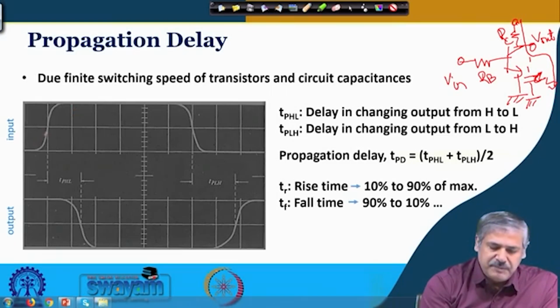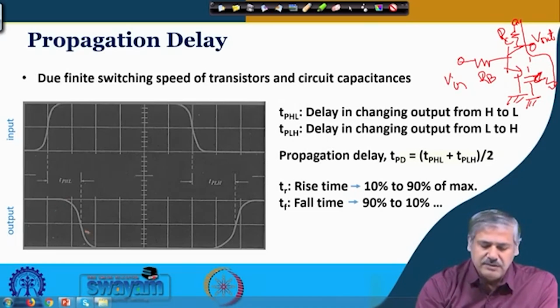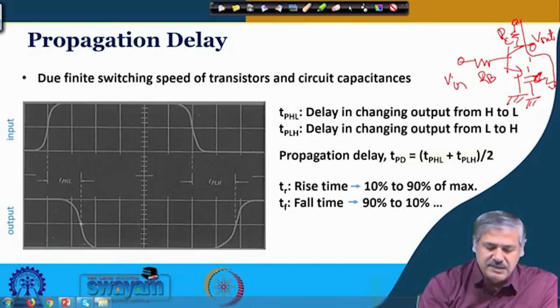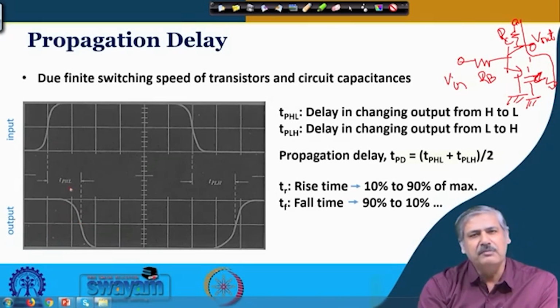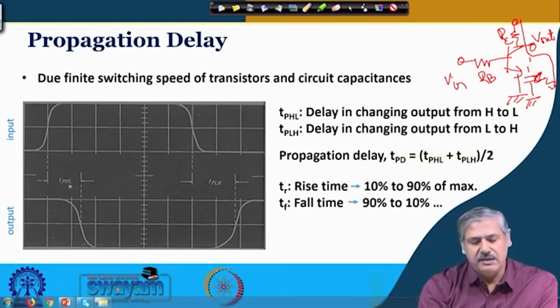So, this is the 50% time that is considered as the one by which it has become sufficiently high, and on the other side, since it is inverter action, when it has fallen from high to low, the 50% of the magnitude, that is the time between output going from high to low. So, this is the time difference that we see over here. This is the propagation delay, output going from high to low.